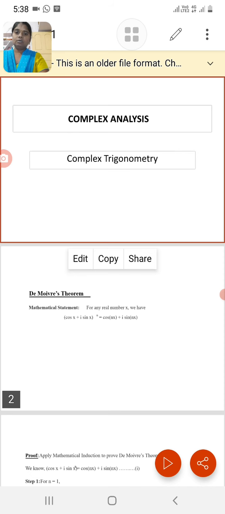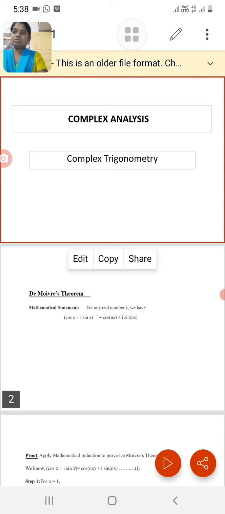In that complex trigonometry, first we should know what the syllabus contains.